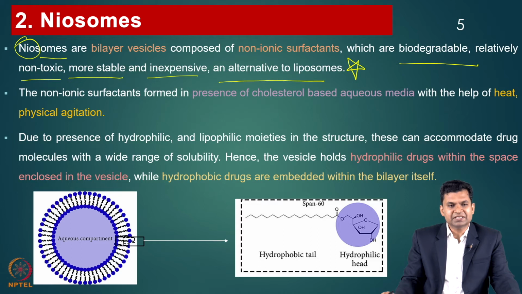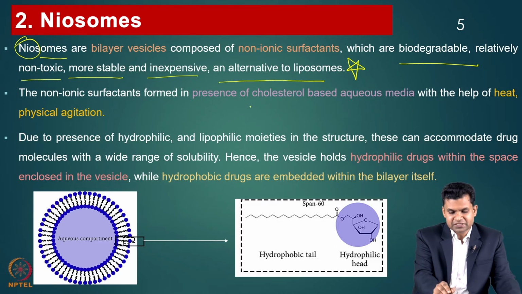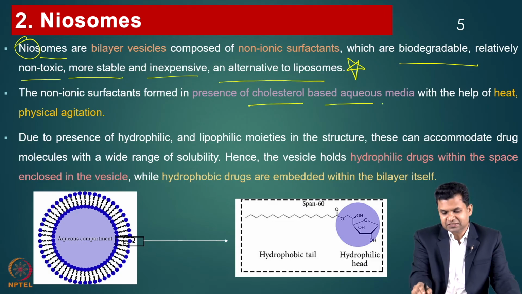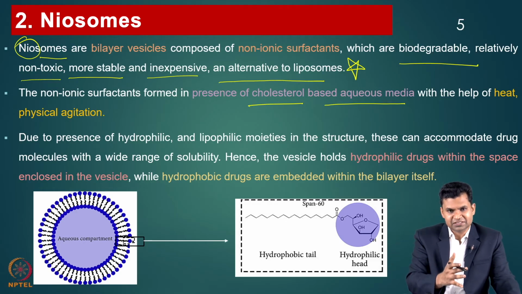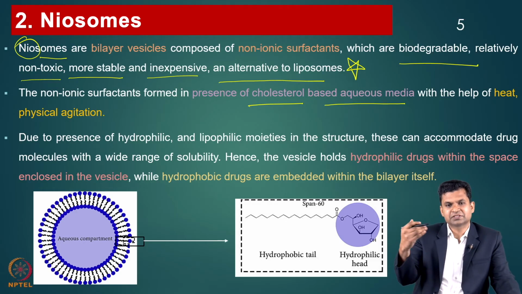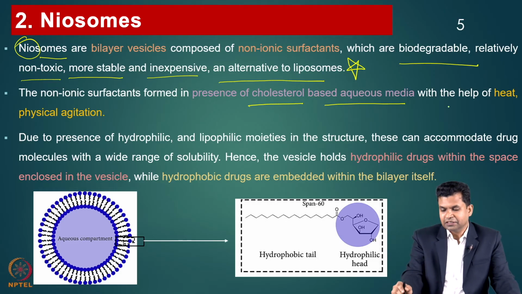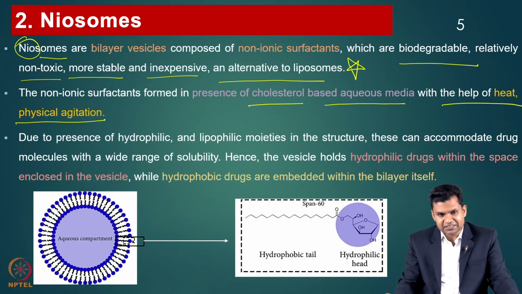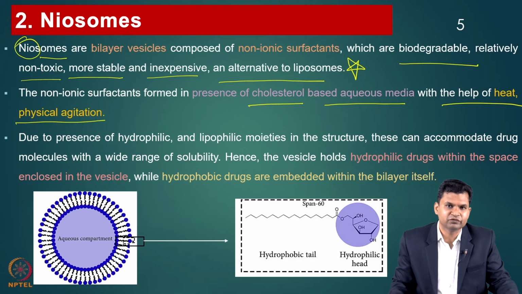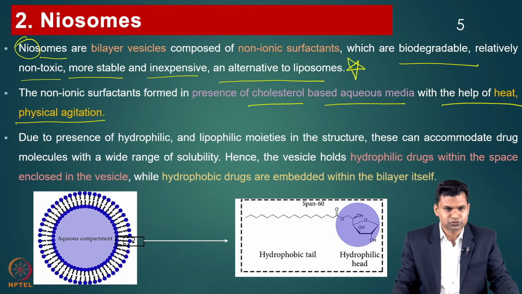The second point, the non-ionic surfactants form vesicles in presence of cholesterol in aqueous media. Similar to the liposomes, here also the non-ionic surfactant must be dispersed in a cholesterol containing aqueous medium, and we need to apply some heat, or provide some physical agitation. With that we will get niosomes.